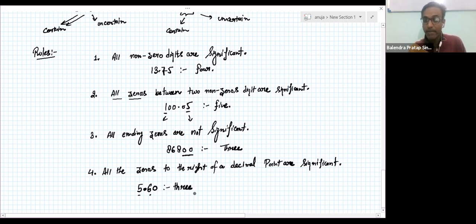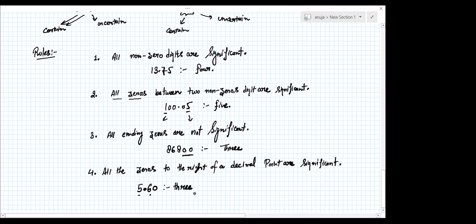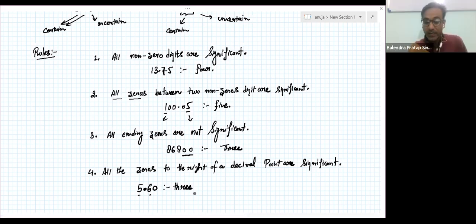Sir, can you repeat again? I'm repeating again. The third statement says you have to leave all the right hand zeros. That's okay. But the fourth statement says if a number has a decimal point, you have to consider all the zeros from the right hand side of the decimal point.